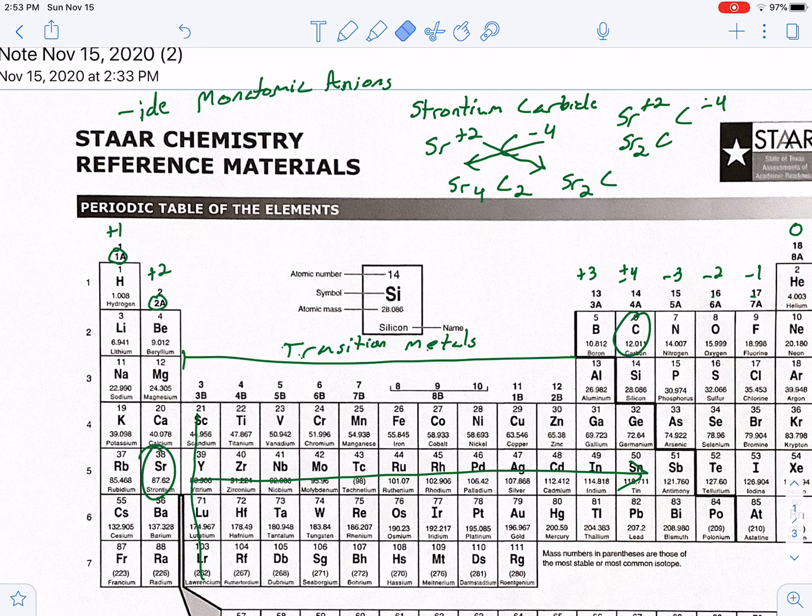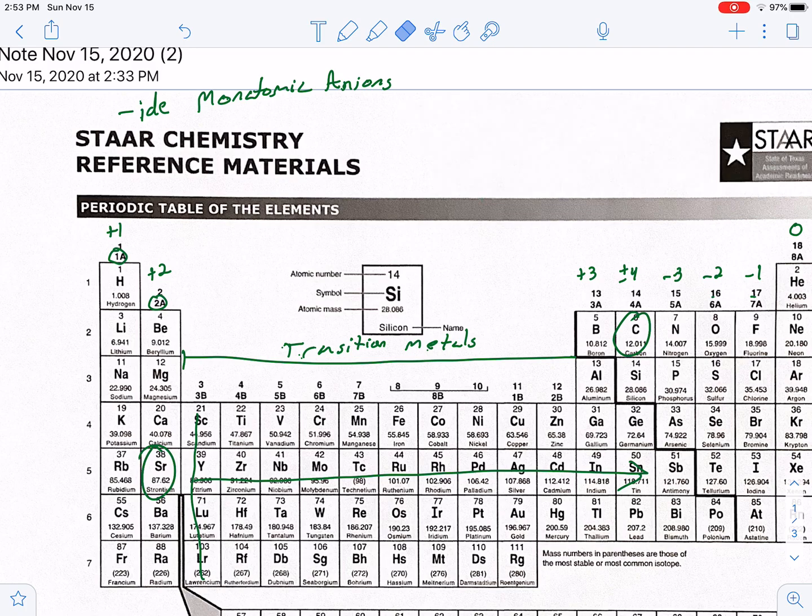So that was just the basics, when we know the charges of everything and we're doing just monatomic. We haven't moved into transition metals yet. So now we're going to move into transition metals. Let me clear some of this up on the periodic table.